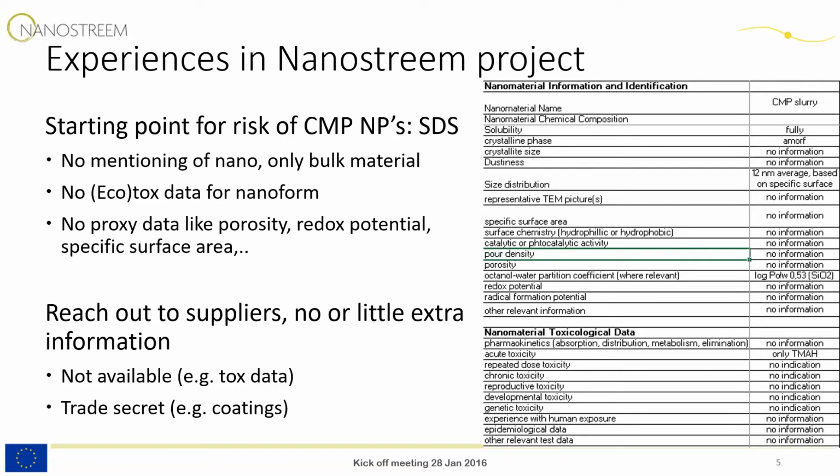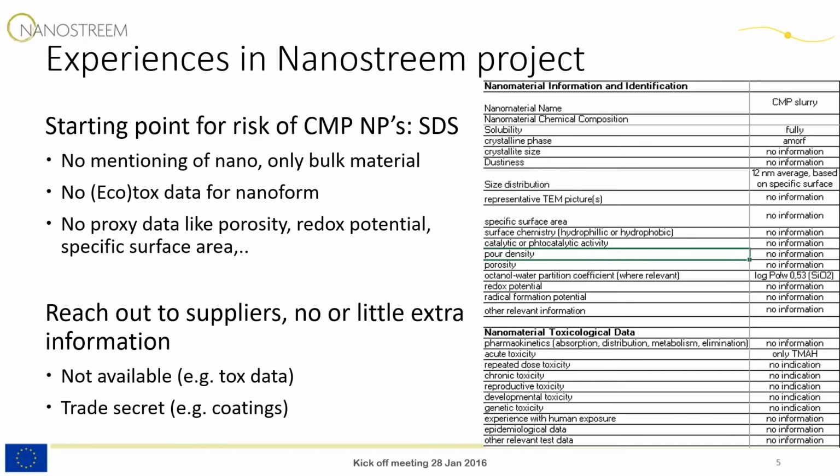There are no specific data on toxicology, ecotoxicology for the nanoform, and also almost no proxy data that could lead you to saying something more about the difference between risks of the bulk form and the nanoform, like porosity, redox potential, specific surface area, etc.